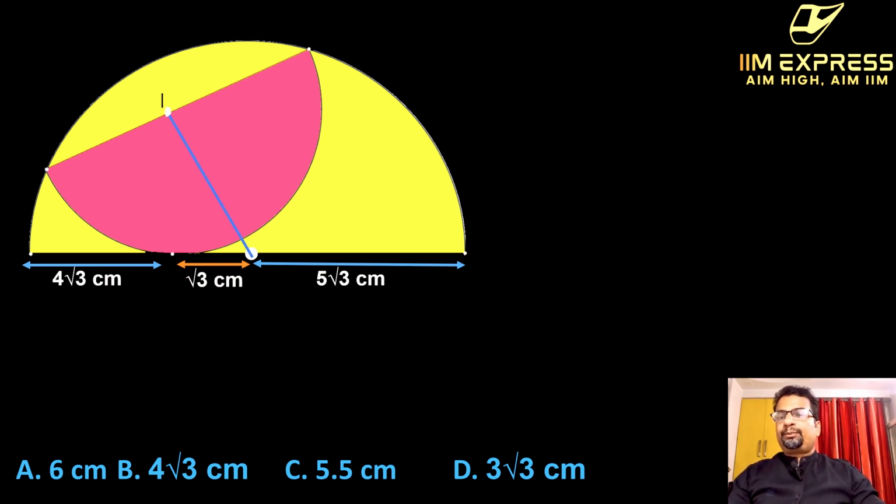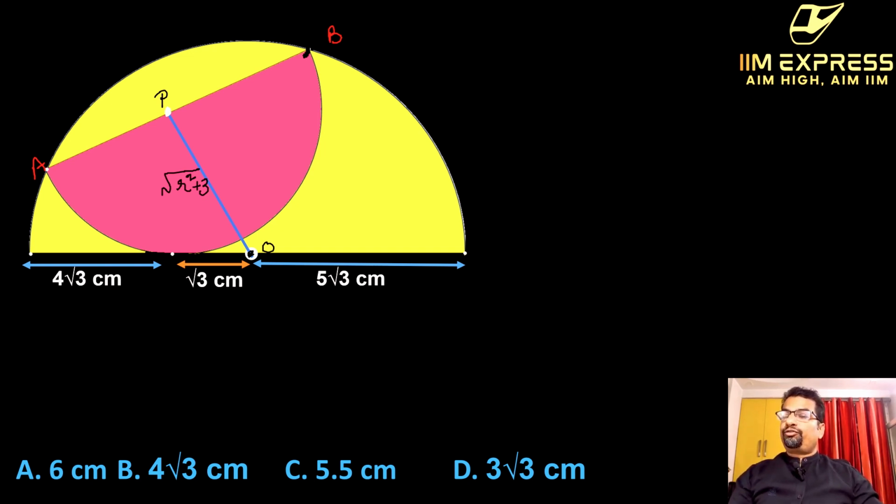Now this is point P and this is point O, and we have just found out PO is square root of R square plus 3. The base of the pink semicircle, if I assume it as AB, it will be the chord of the yellow semicircle.